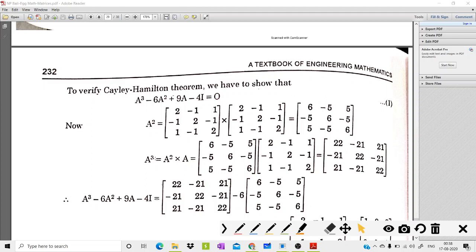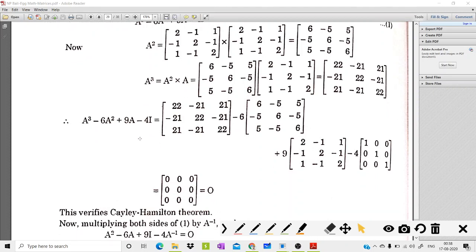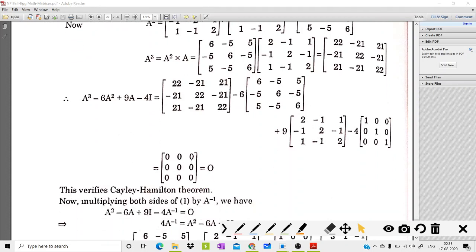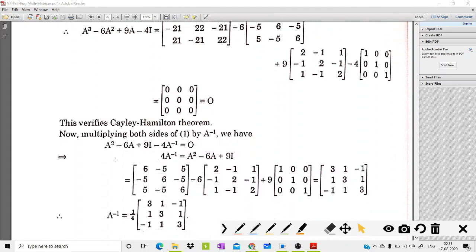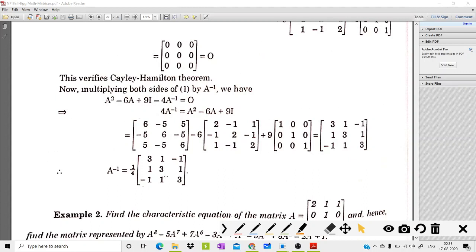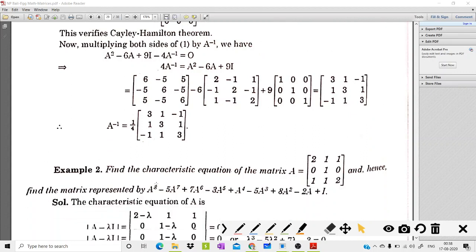First, what they are doing is verifying this equation by substituting for A. Then they will get 0 in the LHS and RHS. Then multiplying with A inverse, you will get an expression containing A inverse. Then we find A inverse by transposing all the other elements to the right. Then you can easily get A inverse in this manner.